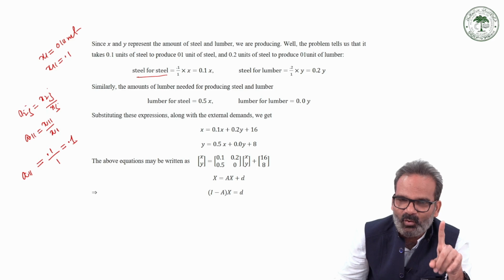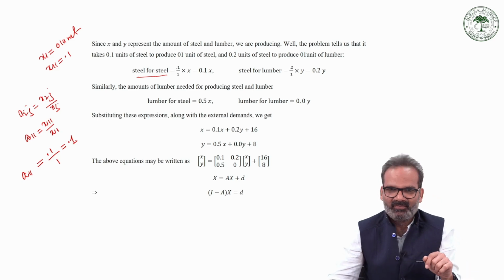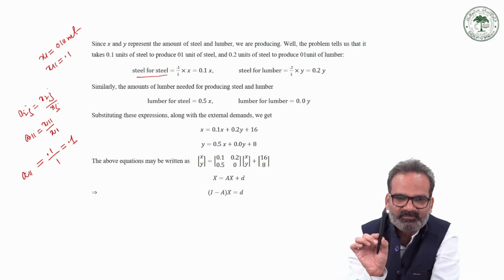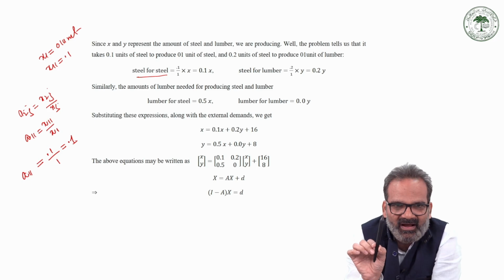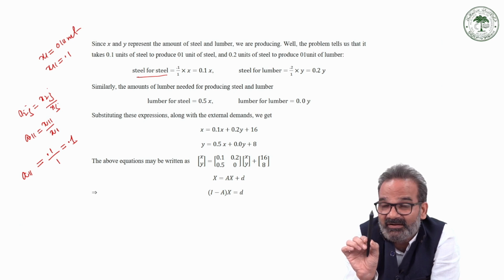But what is the quantity of steel? We are producing X units of steel. So how much will we get? 0.1 must be multiplied by X. Clear? How? If the cost of 1 pen is 5 rupees, then the cost of 3 pens will be what? 5 into 3, 15.